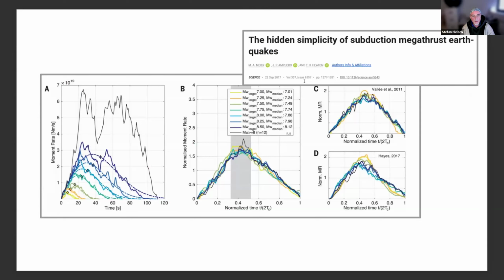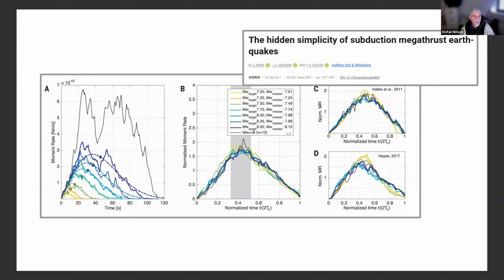So the idea also that there may be some difference between big earthquakes and small earthquakes in the way they start seems to be contradicted by this study by Meyer et al., where they looked at, I don't know, can you see the mouse when I use it on my screen? Yes, okay.